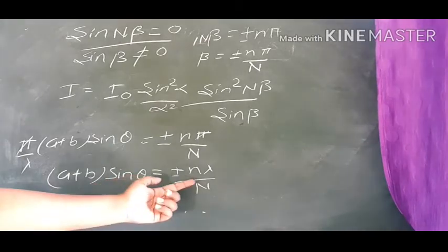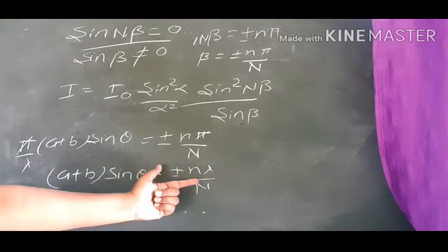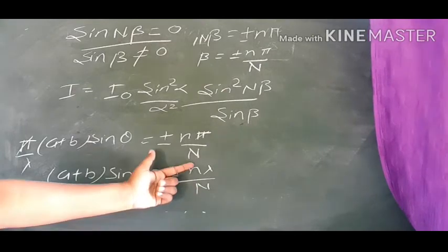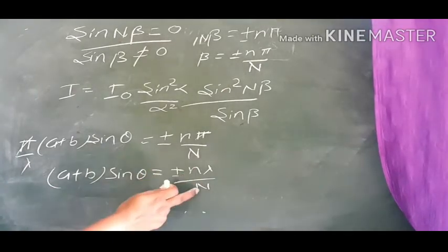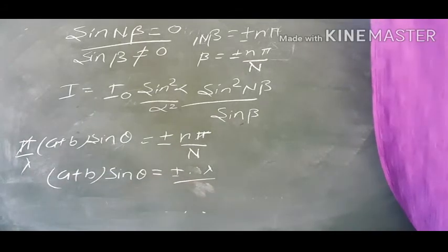Again here n is equal to 0, 1, 2, 3, natural numbers. But if small n is equal to capital N, then if this is equal to this, we have it equal to this.